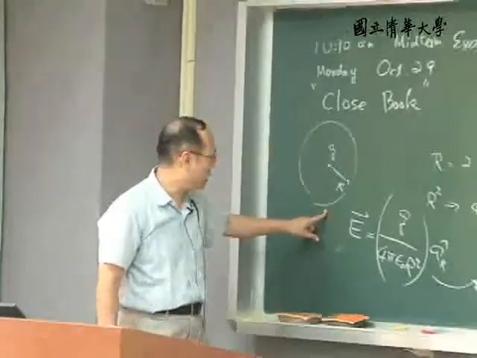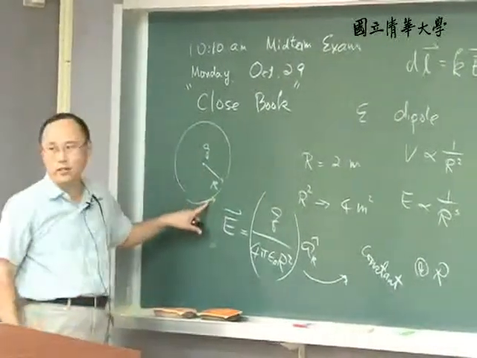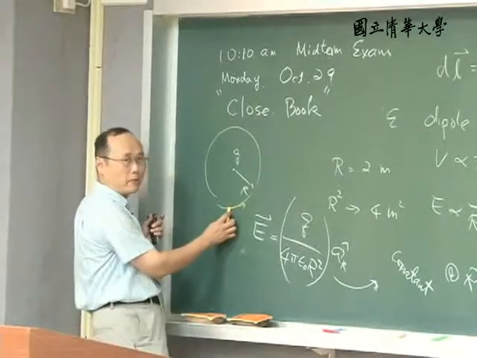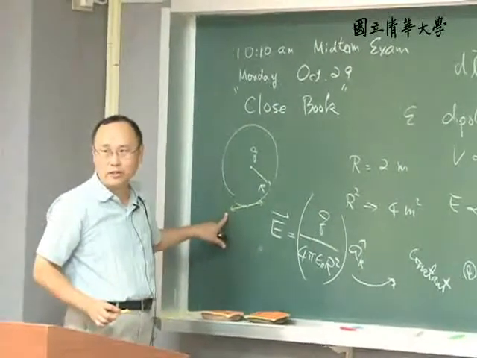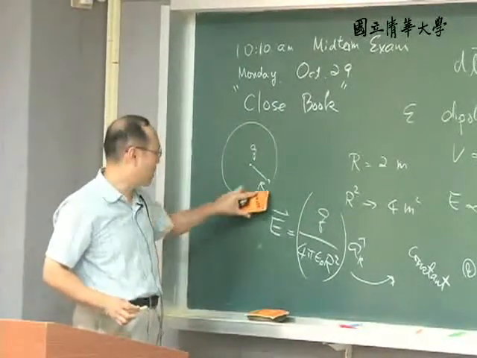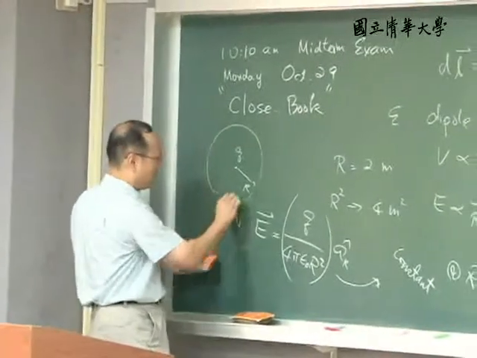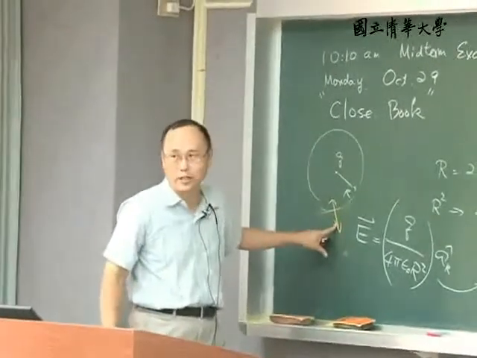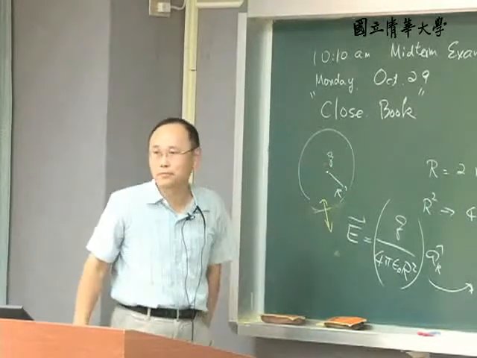I argue with you that if somebody told me there could be a field along this direction, then another person could tell me there could be an equal probability to have an electric field along this direction. To settle this argument, we compromise that the electric field is only along the r direction, either this direction or this direction, depending on the sign of this Q.